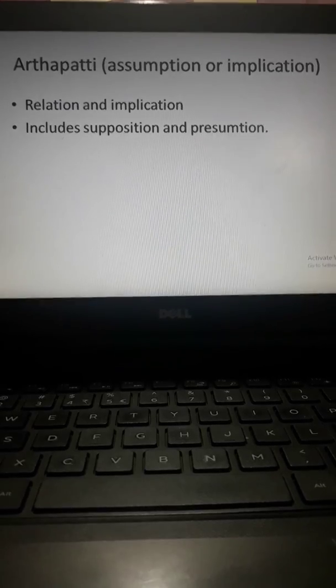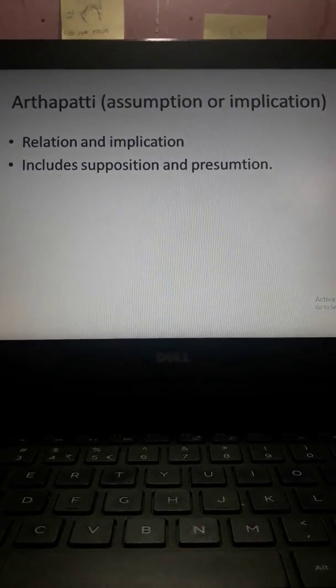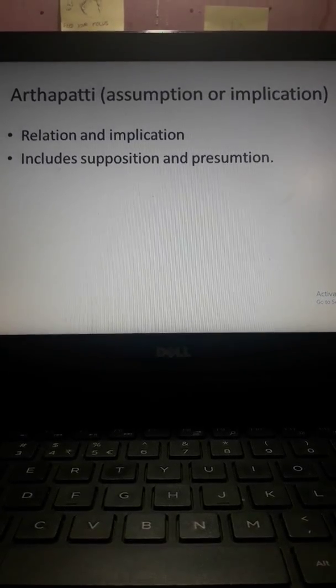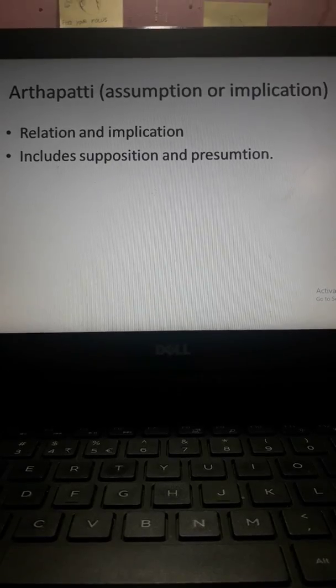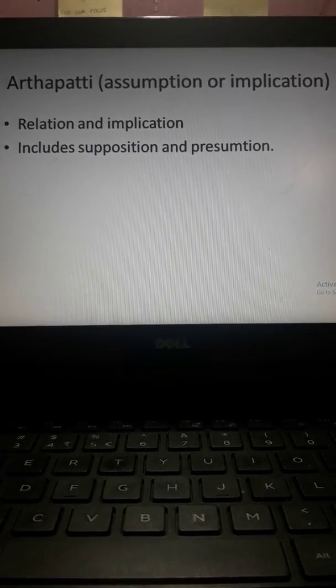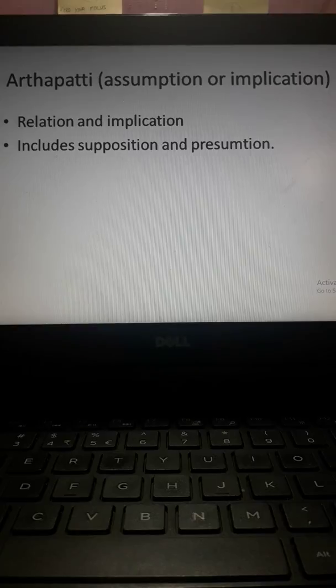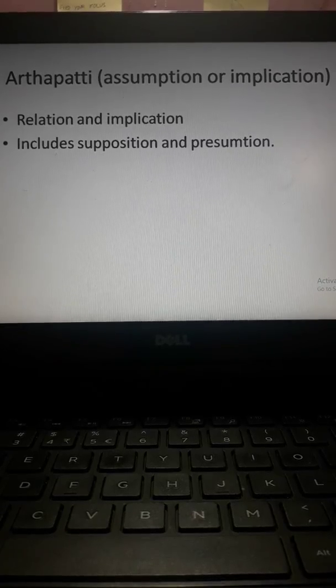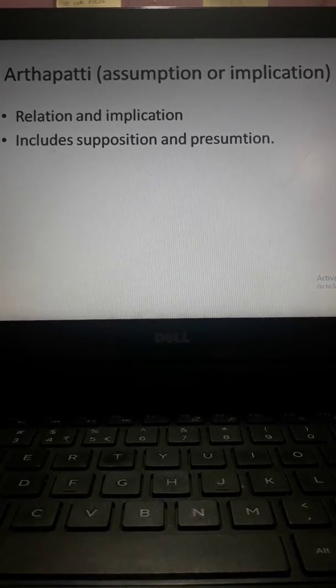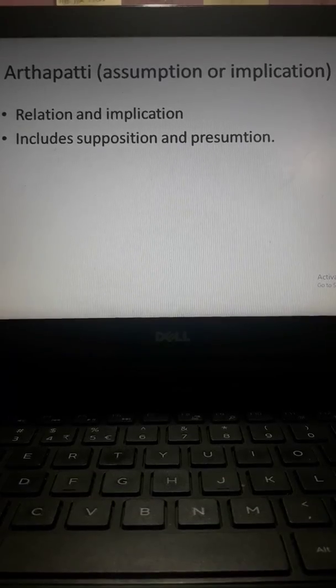And next, we have the arthapatti. The English word for arthapatti is assumption or implication. In this knowledge, we state the relationship between two objects, relation and implication, and it includes supposition and presumption.